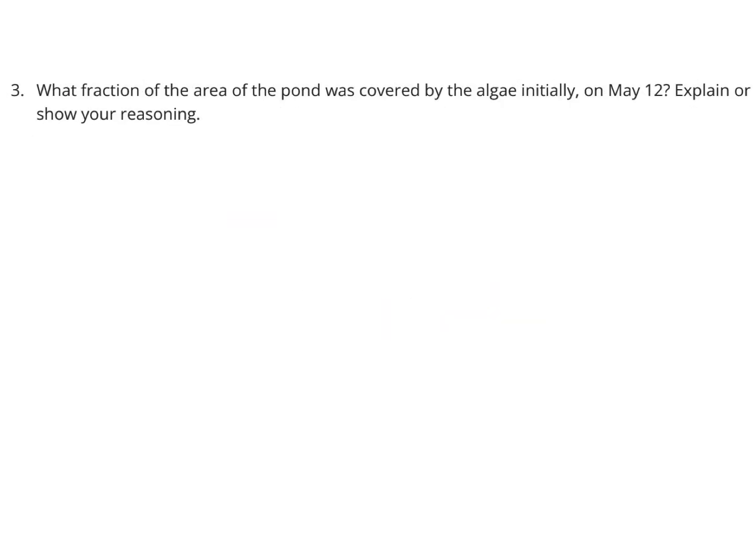And finally, what fraction of the pond was covered by the algae initially on May 12th? So 0% of the pond was covered initially. All right, so let's put it in the calculator. So when x equals 12, what's the number at y? The number we get is 2.4 e to the minus 4 in the calculator.